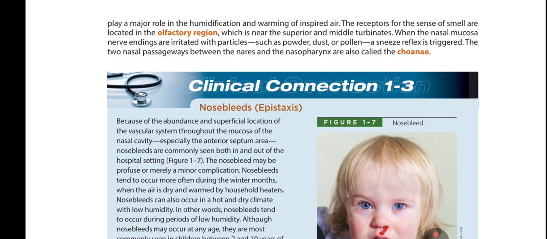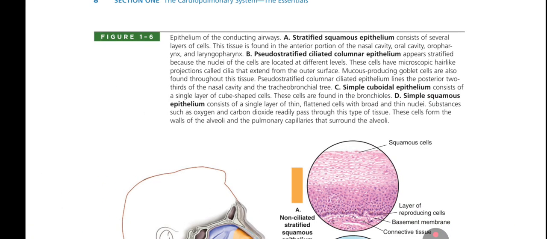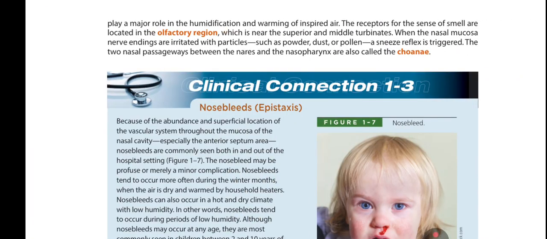The two nasal passages between the nares and the nasopharynx are also called the choanae. Excuse my pronunciation if it's not right. But yeah, the section between the nares and the nasopharynx is called the choanae.